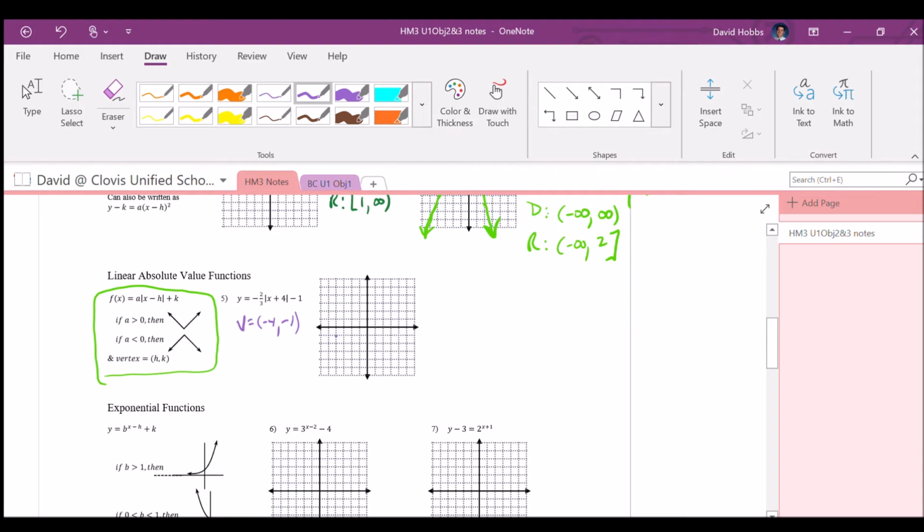And then my slope, remember this is linear absolute value. My slope, I've got down to right 3, and I've got down to left 3. And I know that goes off the graph a little bit, but sometimes you have to do that.